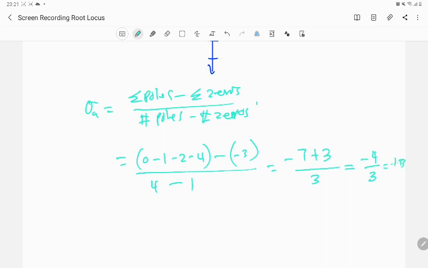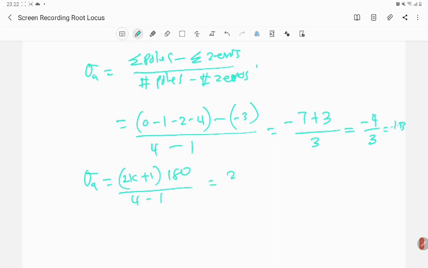Okay, so in this case, what will be our angle? Theta A will be equal to 2K plus 1 times 180 all over 4 minus 1. So that's going to be 2K plus 1 over 3 times 180, and so the angle is going to be 2K plus 1 times 60.